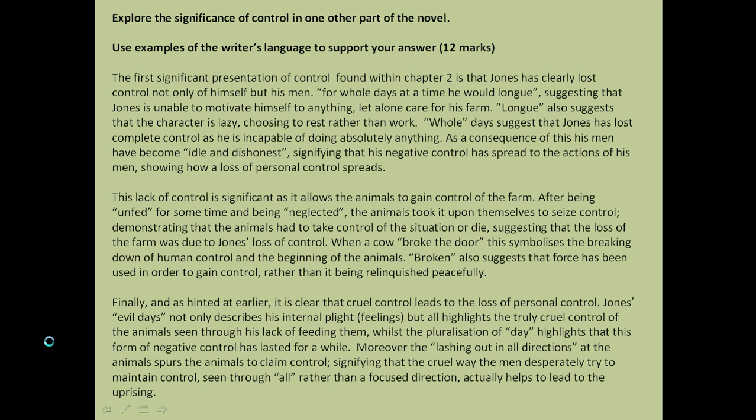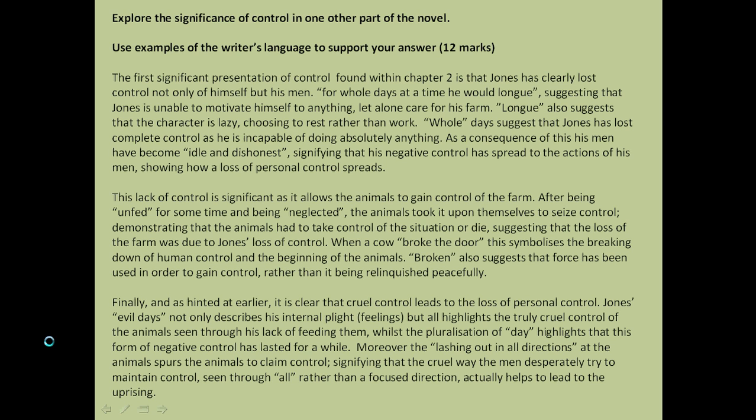Moreover, the lashing out in all directions at the animals spurs the animals to claim control, therefore signifying the cruel way the men desperately tried to maintain control, seen through all rather than a focused direction. So that idea of trying to claim control by not really knowing where to focus actually helps lead to the uprising.